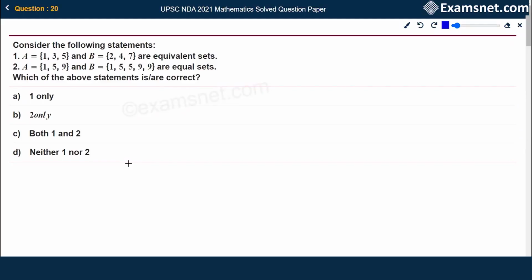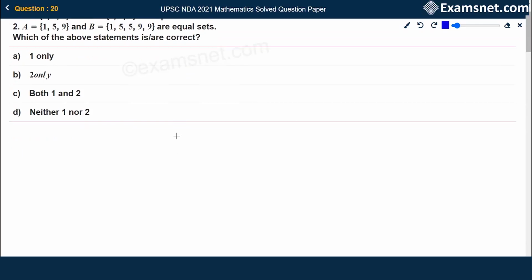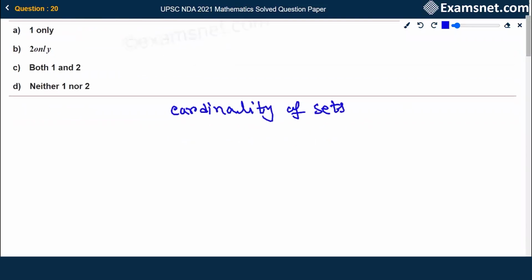First, let me give you the concept of equivalent sets and equal sets. Okay, so first of all, tell me what is the cardinal number? Cardinality of sets. What does it mean? Like if a set is containing three elements or five elements, that means the cardinality of the set is 5.